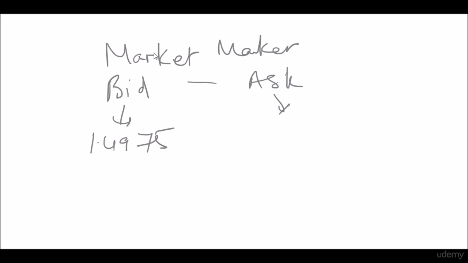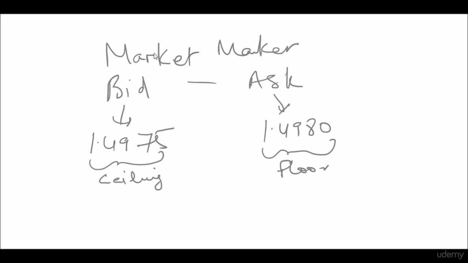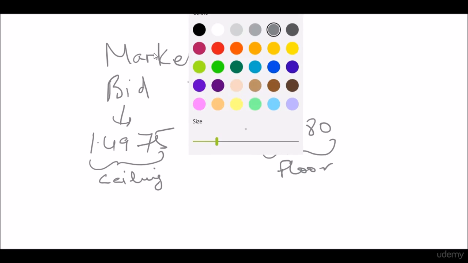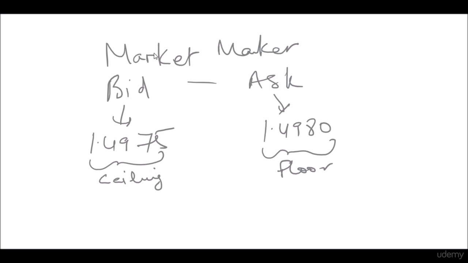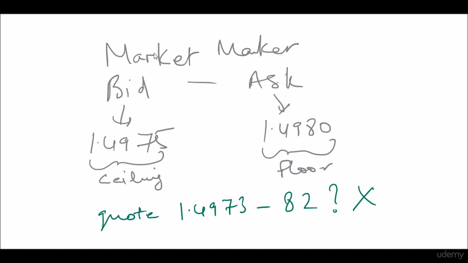If we sell below the floor, it would be difficult for us to make any money from this deal. So now we've constructed the bid and ask rate. Our bid rate would be lower or equal to the rate at which we can construct a sale, which is 1.4975, and your ask rate would be higher than the rate at which you could construct your buy, which is 1.4980. And you could quote anywhere between 1.4973 to 82 for a cross rate.